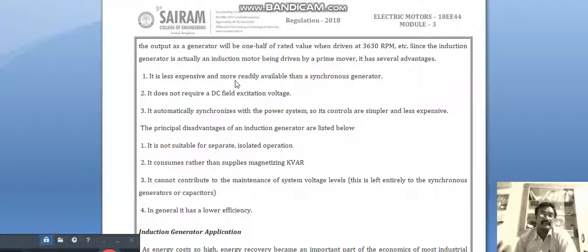In that case it is acting as a generator. So an induction generator does not require a DC field excitation voltage. In the case of a synchronous generator, we must give DC field excitation. It automatically synchronizes with the power system, so its controls are simple and less expensive.